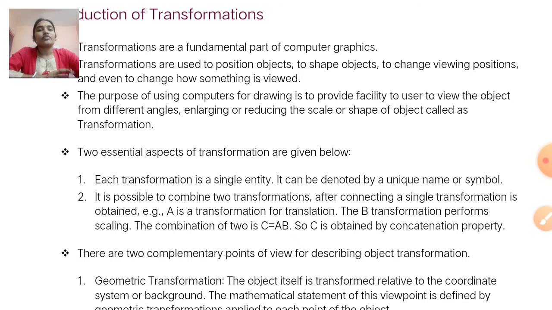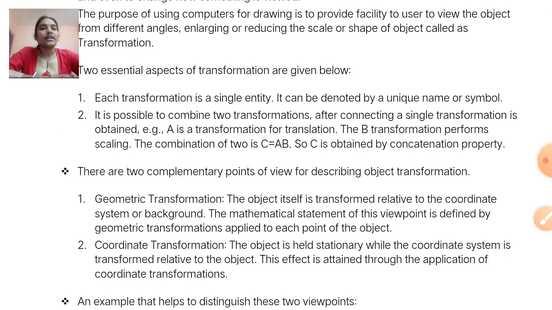For example, A performs the translation transformation and B performs the scaling transformation. When we combine translation and scaling and call the combination C, then C equals AB. That means C is the combination of translation and scaling. This is the concatenation property.